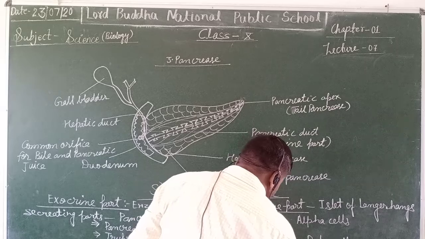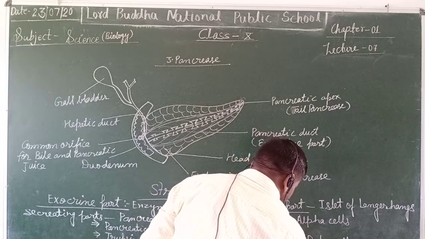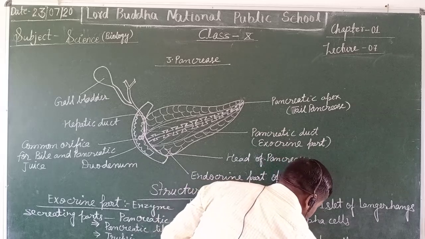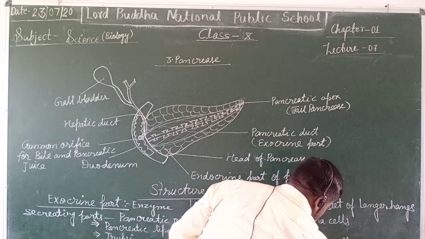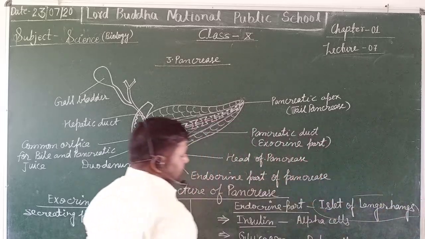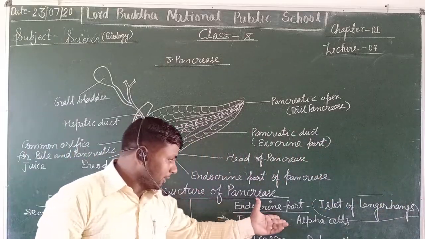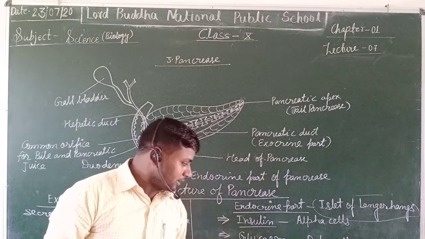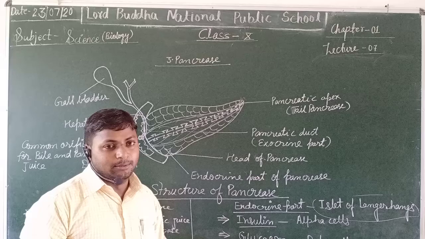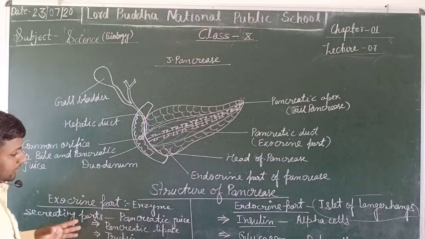What kind of cells secrete somatostatin hormone? These are the delta cells, present in the islets of Langerhans, the endocrine part of the pancreas. These are the three important hormones secreted by the endocrine part of the pancreas.